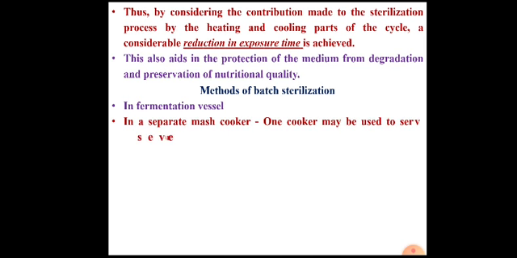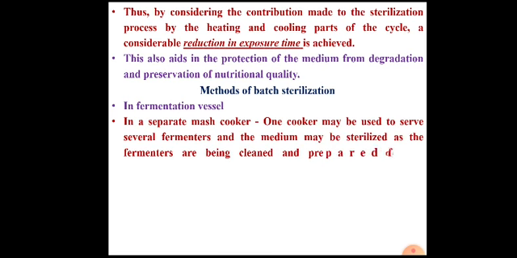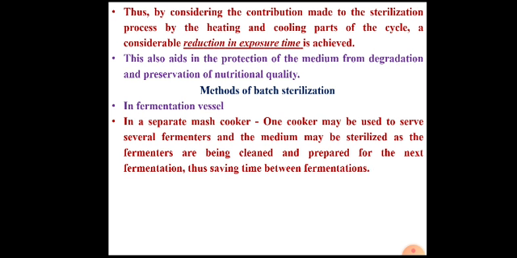The second method is sterilization in a separate cooker. There are separate cookers, just like an autoclave. The advantage is that one cooker may be used to serve several fermenters. That means in the cooker the sterilization is done, and then the medium is transported to the fermentation vessel.